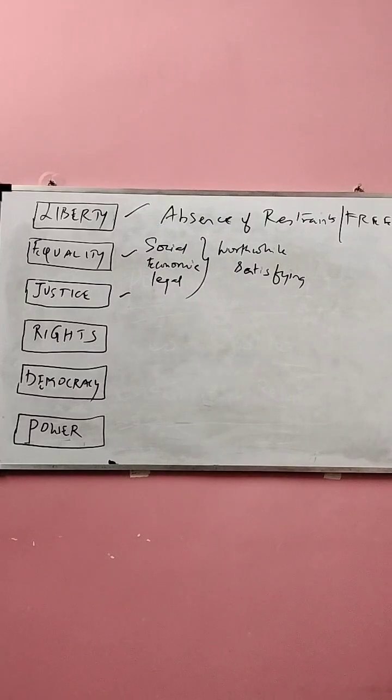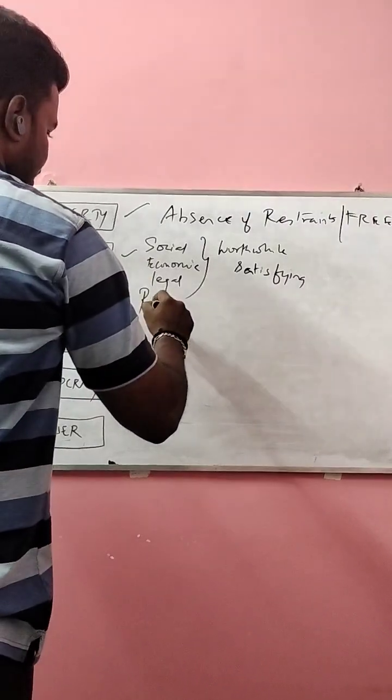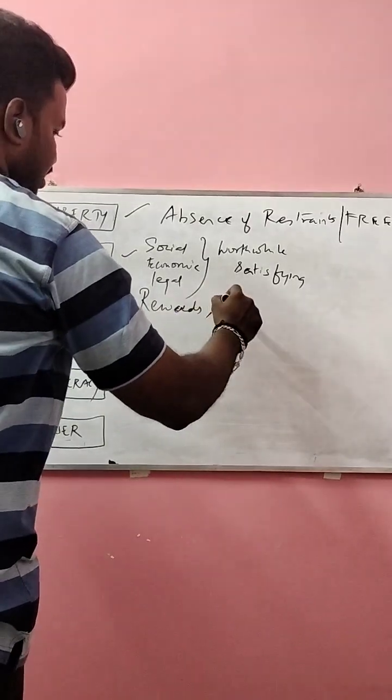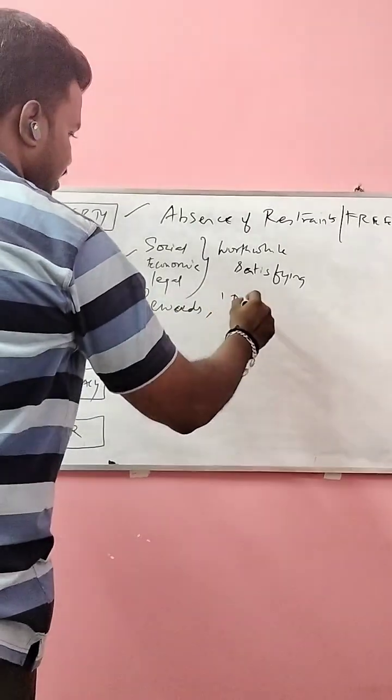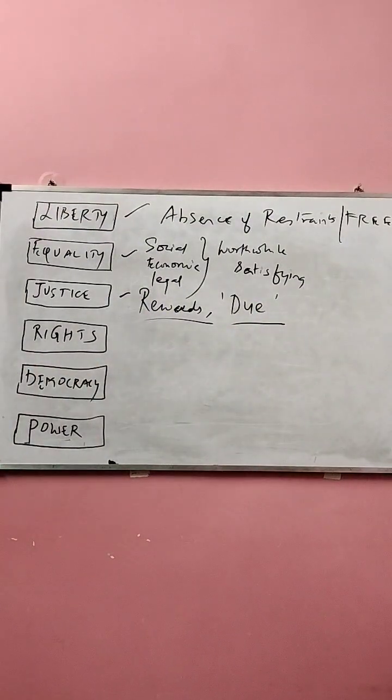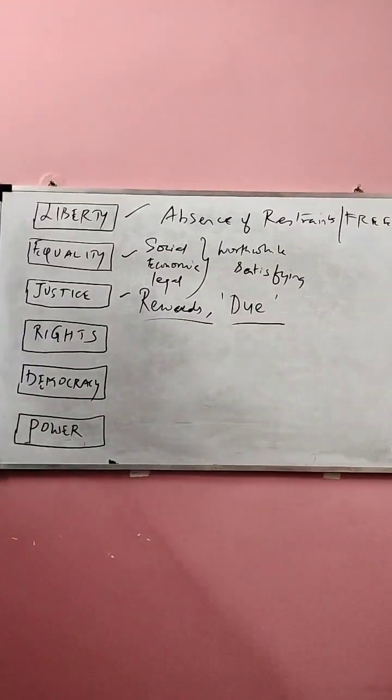Justice also refers to the distribution of rewards. It is about giving people what they are due. This is also justice. For example, a hard worker, his due is wage.